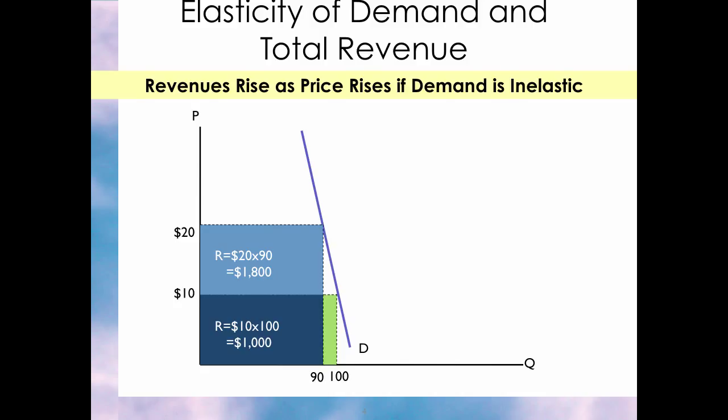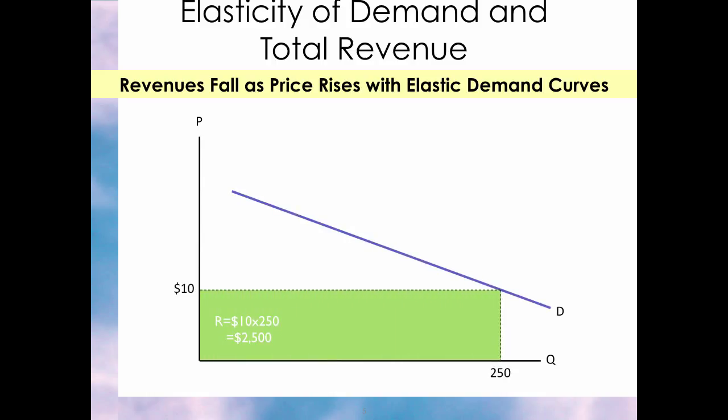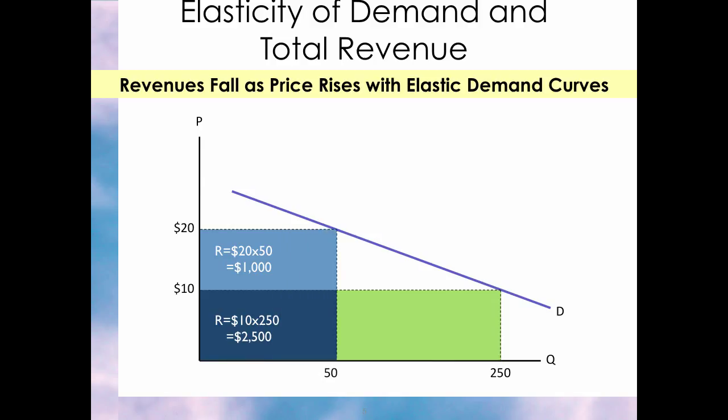But now let's see a different situation. Notice the way this demand now is drawn. Very flat, which means very elastic, which means very responsive to changes in prices. Assume an initial price of $10 and quantity demanded of 250 units. This gives you a total revenue of $2,500. Then, similar to the previous exercise, assume a price increase to $20 and that quantity demanded, following the law of demand, falls to 50 units.